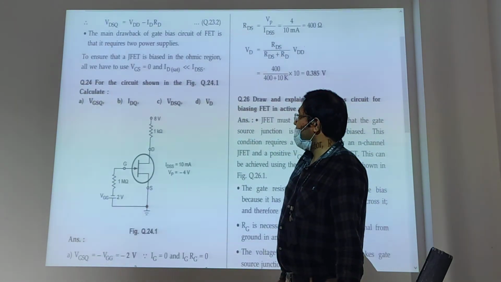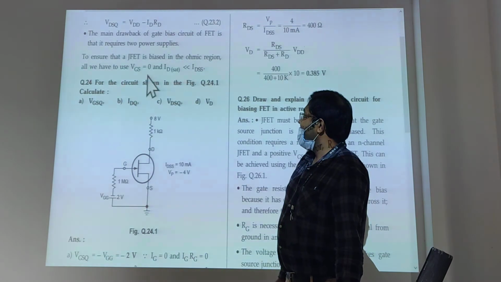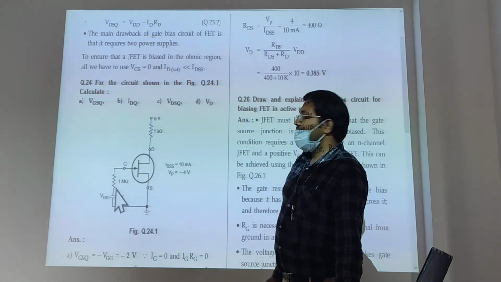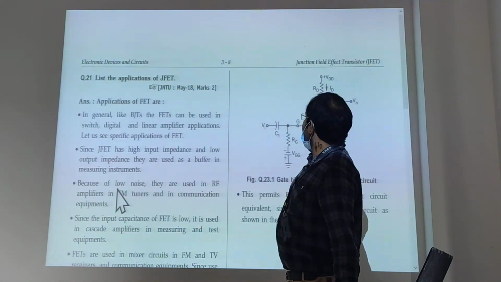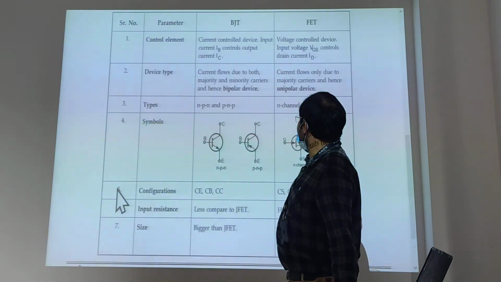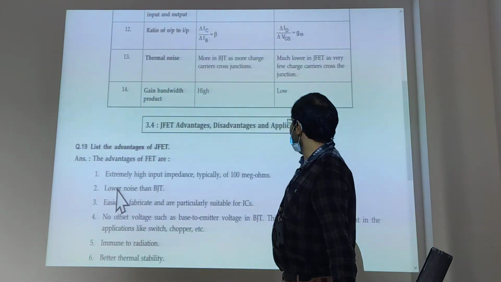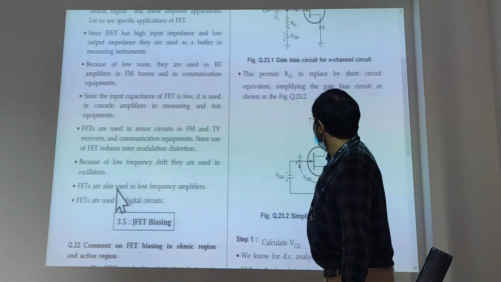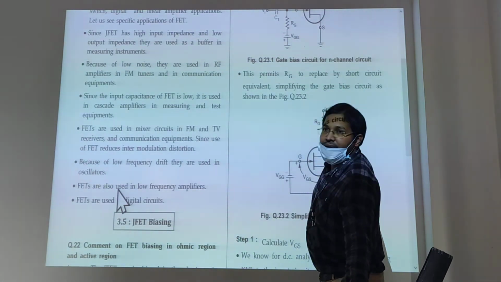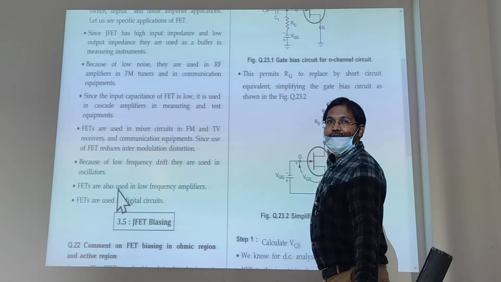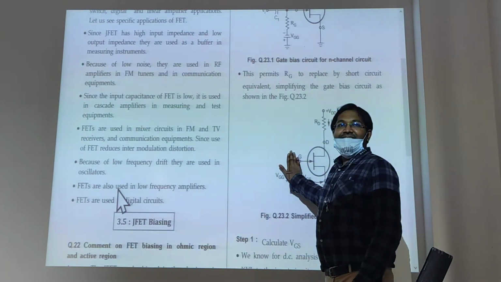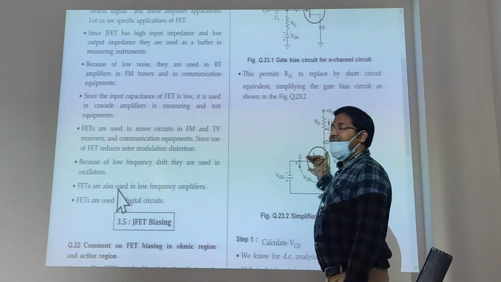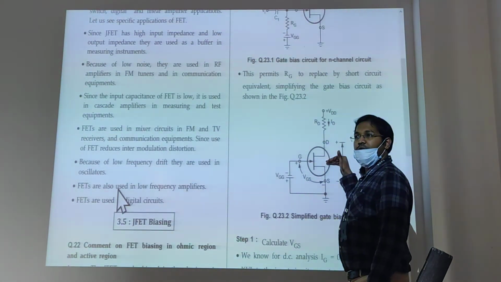Okay, so this is the gate bias circuit. Different problem, right? Anyway, I will use this. The gate resistor is replaced by a short circuit because no current flows through it. Anyway, we are interested in the output loop.